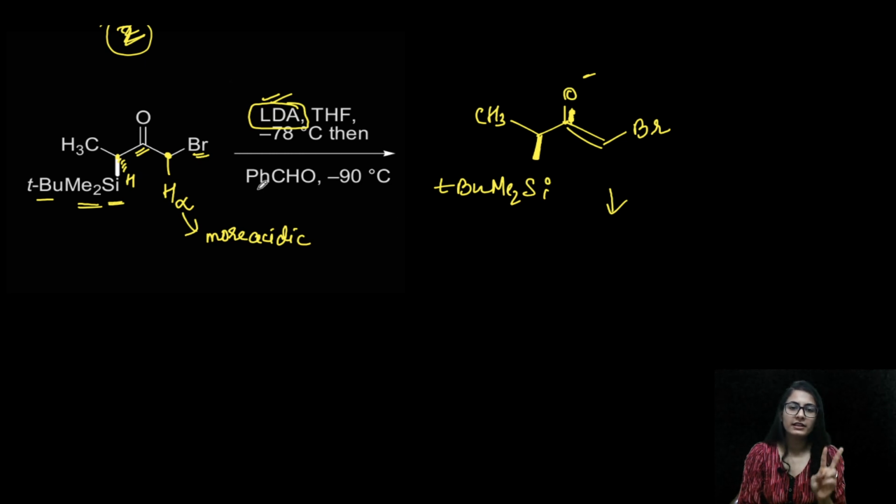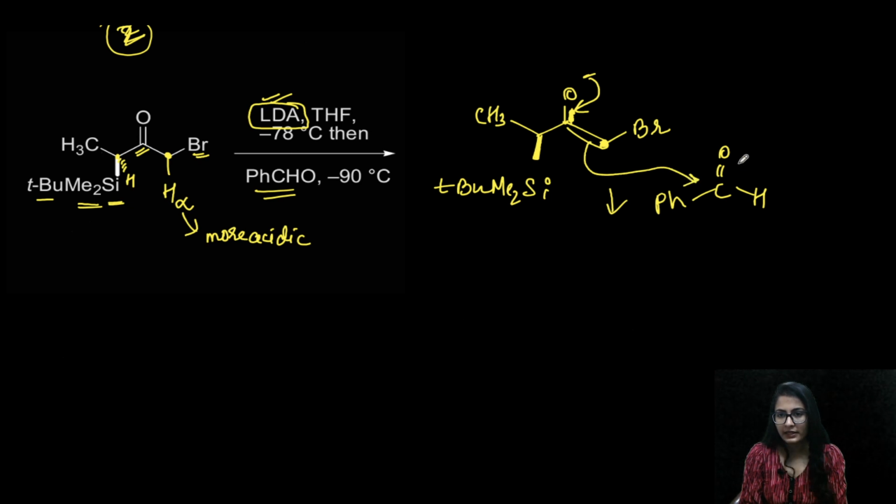So further in the next step we are going to make the enolate attack over benzaldehyde again through the same alpha carbon, like this. Okay, so finally writing the product, or let's say one of the very major intermediates.